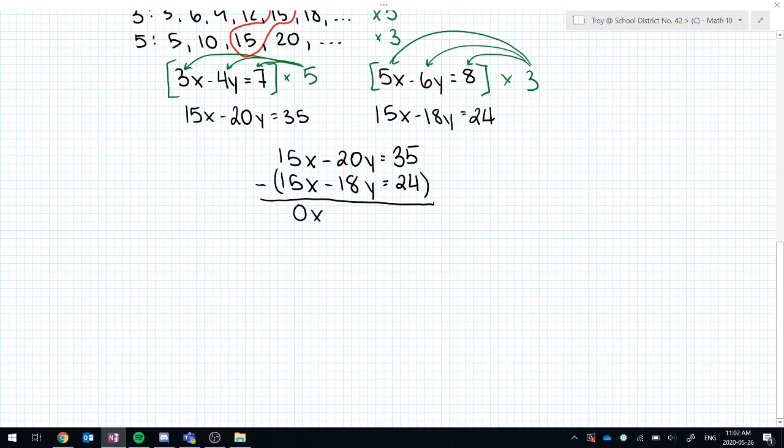Right? After that, we get negative 2y. And 35 minus 24 is 11. So we get negative 2y equals 11. And then we can just solve for y.